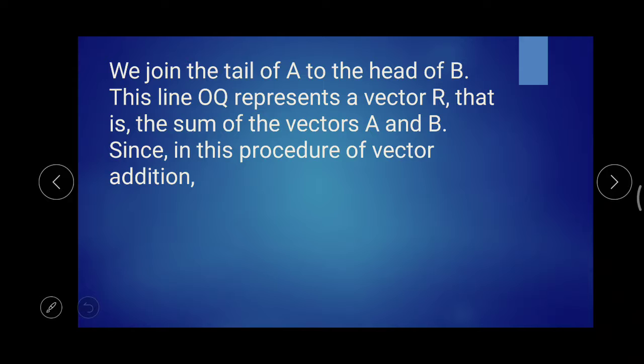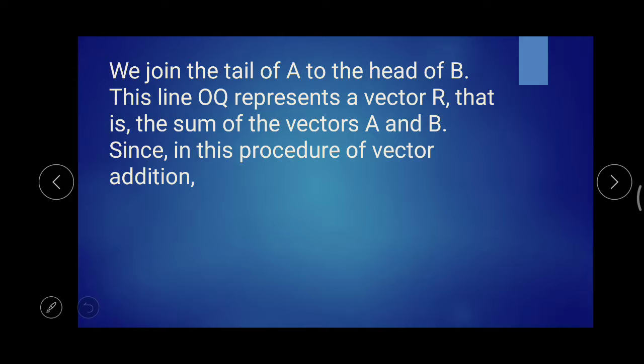Actually, the head of A is joined with the tail of B. Now the tail of A should be connected to the head of B. We will name the line as OQ, and we give a value for that vector as R.